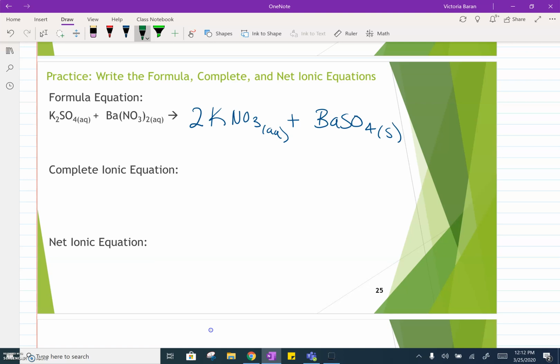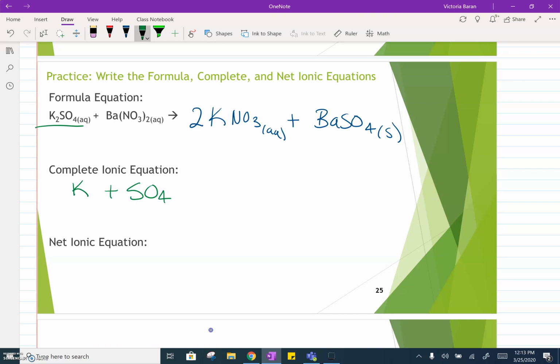formula equation. So now we're going to write the complete ionic equation. And again, anything that was aqueous up here, so these 3 things, you are going to disassociate, okay? So we're going to start with the K2SO4. So we're going to disassociate that. So we have the K plus the SO4.